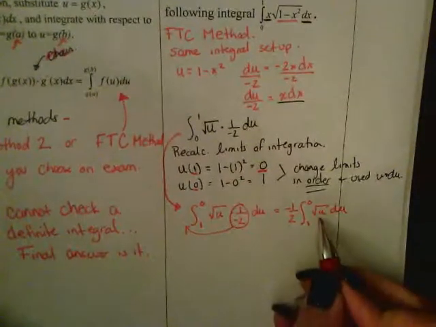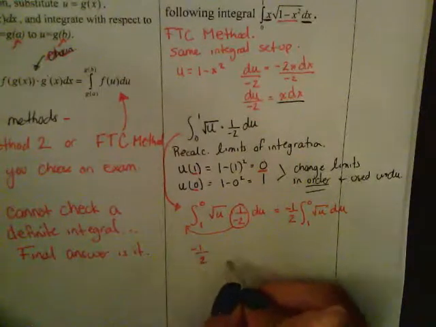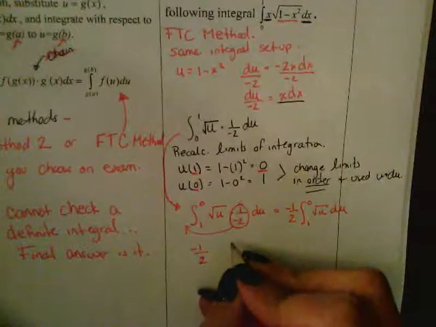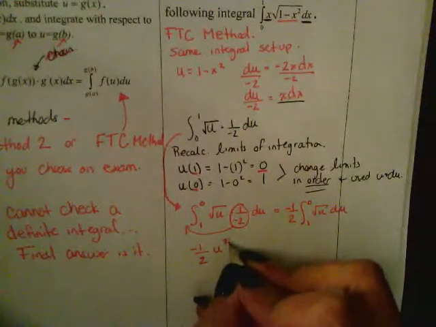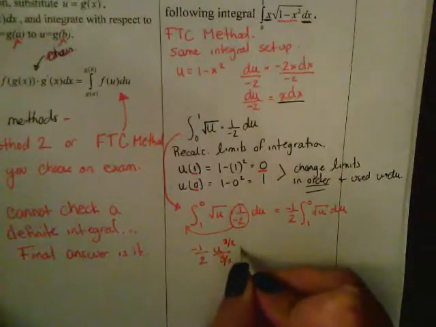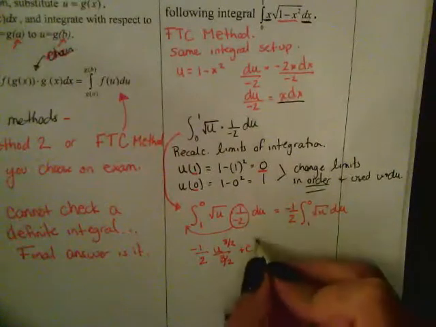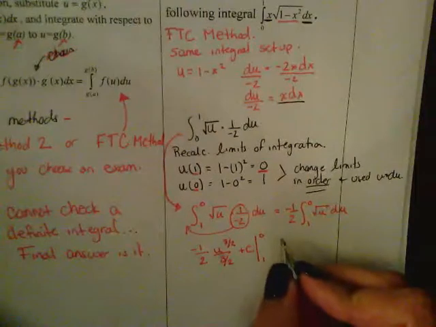We know the integral of the square root of u is u to the 3/2 divided by 3/2 plus c. But remember, this is defined, so we're going to evaluate this from 1 to 0.